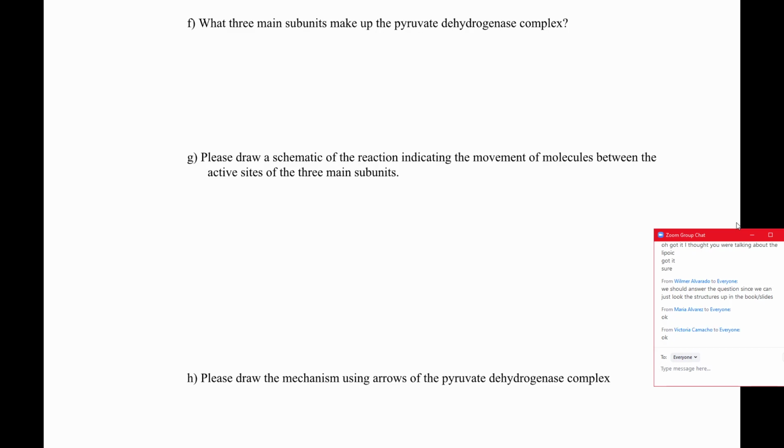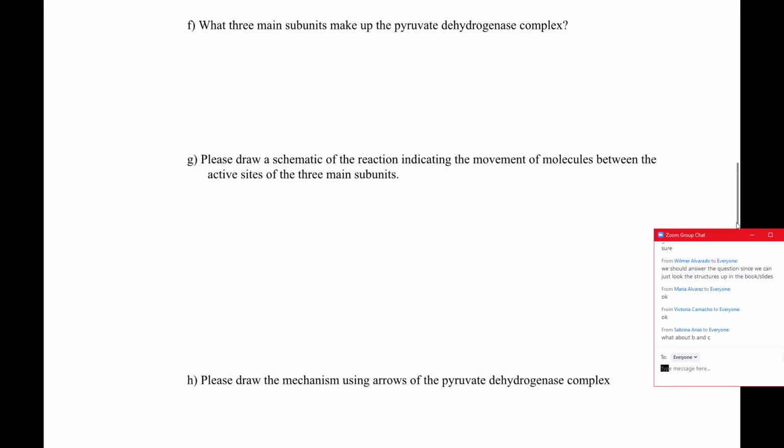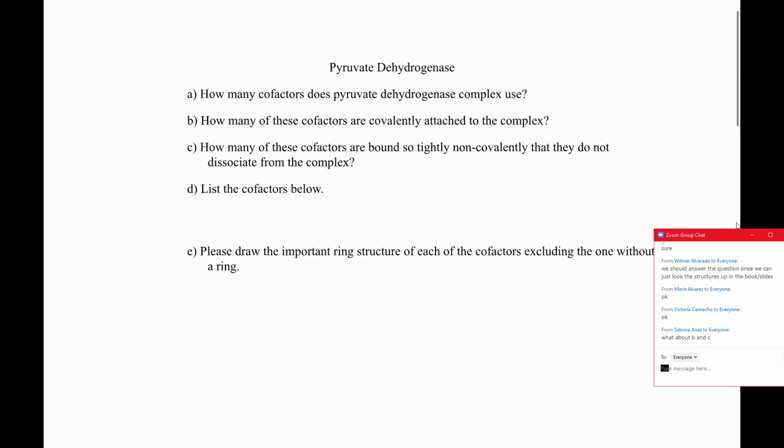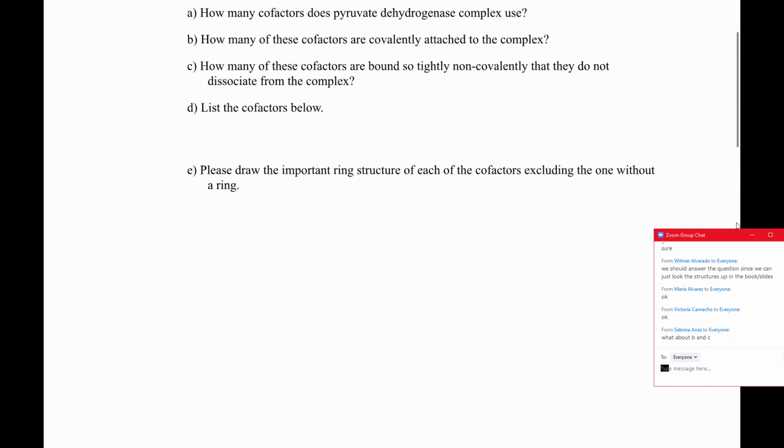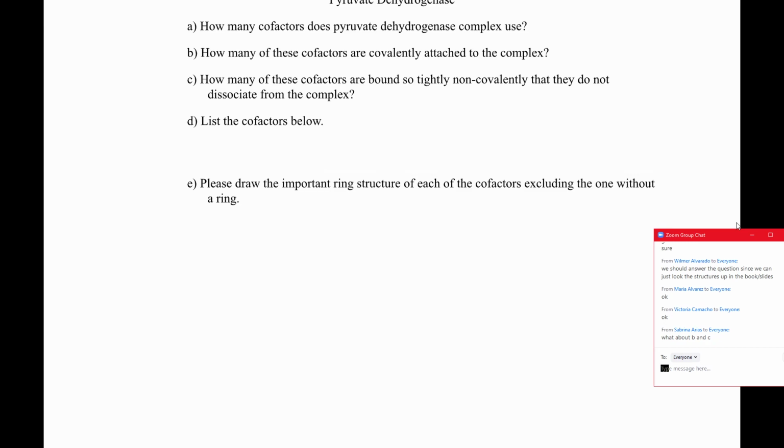All right. Okay, so what three main subunits make up the pyruvate dehydrogenase complex? B and C, yes, I forgot about those. Okay, so based on the structures that we've seen, how many of these cofactors are covalently attached, do you think?